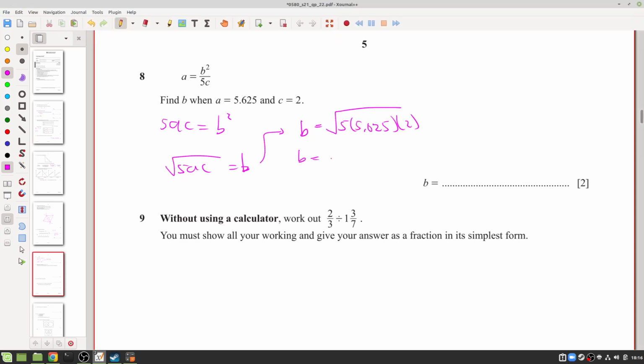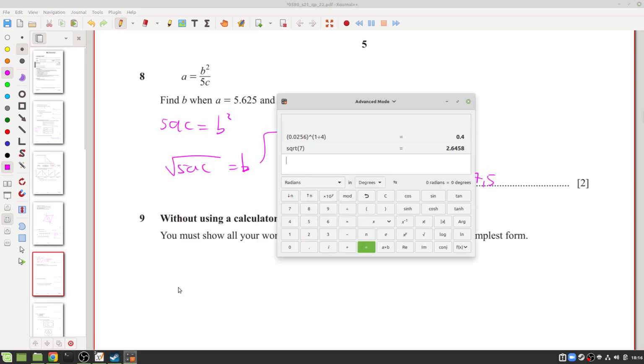So that gives us the square root of 56.25, and the square root of 56.25 I believe is 7.5, I think. Let's quickly just confirm. So the square root of 56.25 is 7.5, correct.